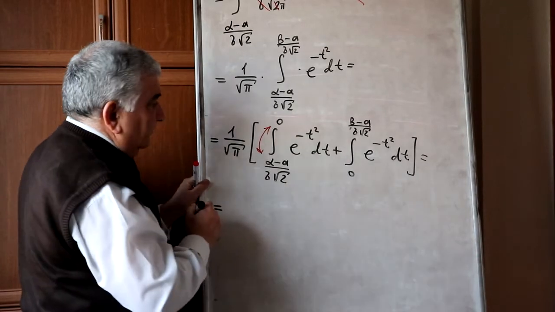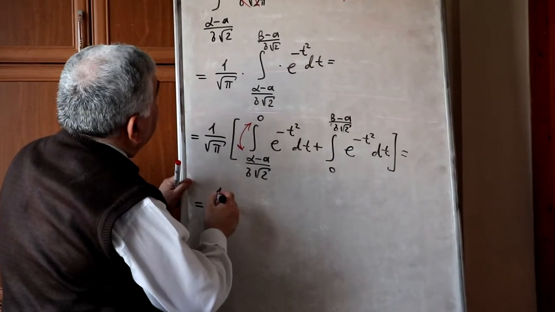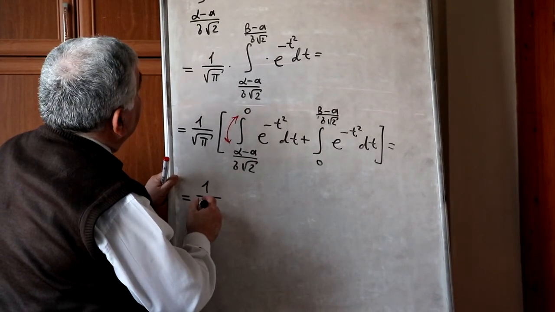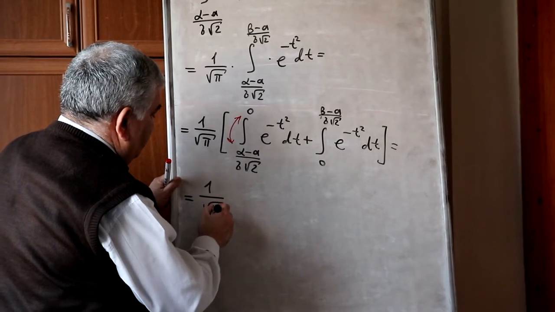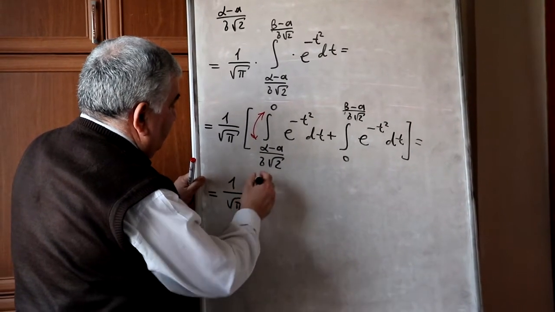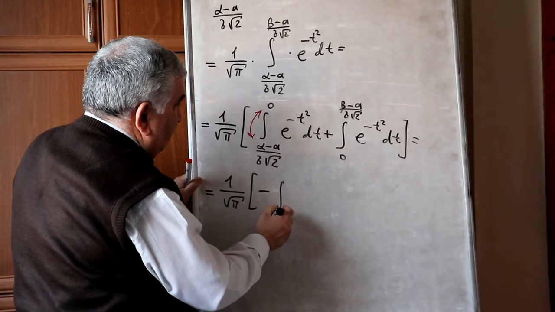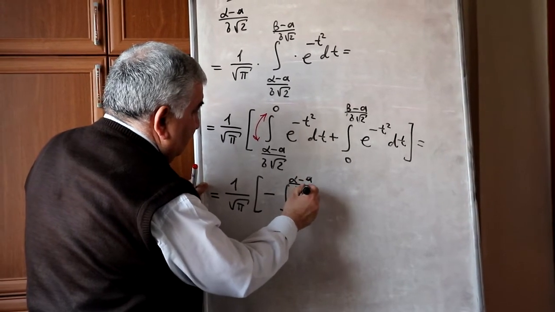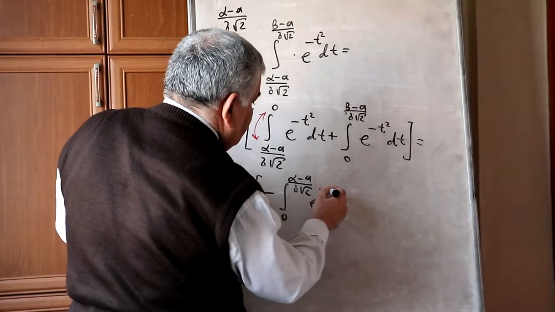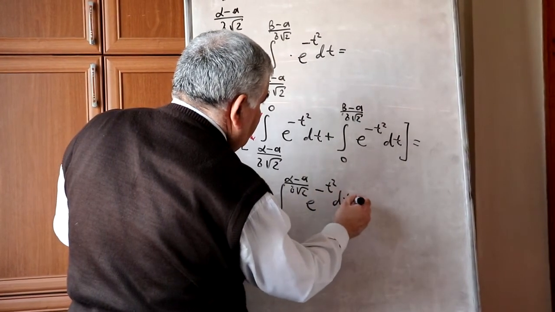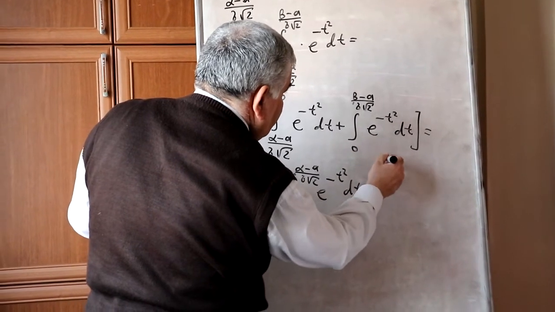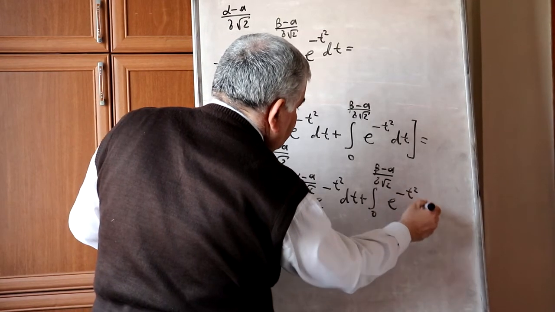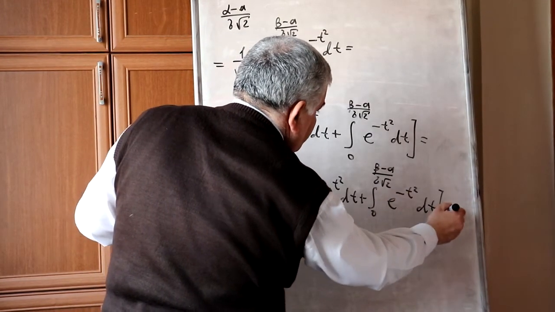Then 1 over square root of pi of minus the integral from 0 to alpha minus a over sigma square root of 2 of e raised to minus t squared dt, plus the integral from 0 to beta minus a over sigma square root of 2 of e to minus t squared dt equals.